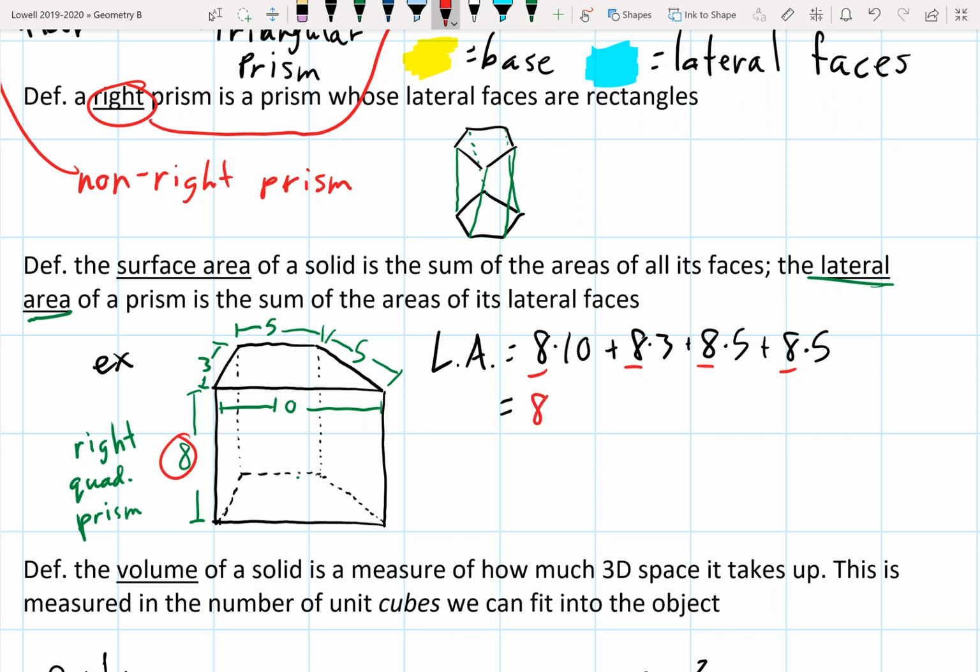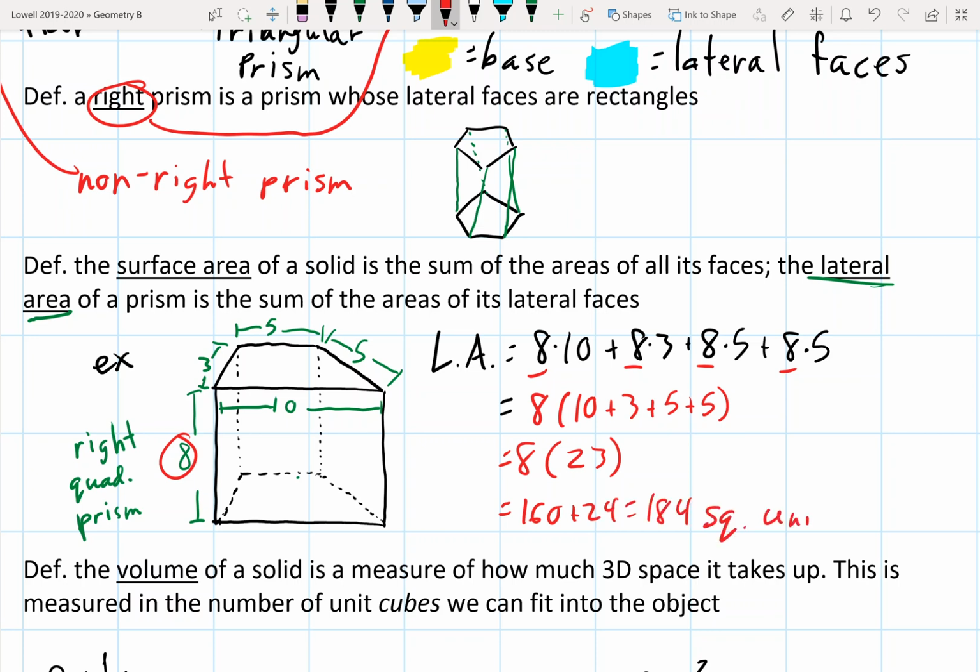So I pull it out here, there's 8, and then I have 10, 3, 5, and 5, leaving us with 8 times, let's see, what is that, 23, which is going to simplify down to 160 plus 24, 184 square units, whatever those units happen to be. Okay. There's nothing special about this prism other than the fact that it was right.